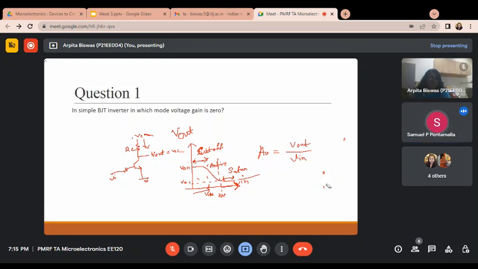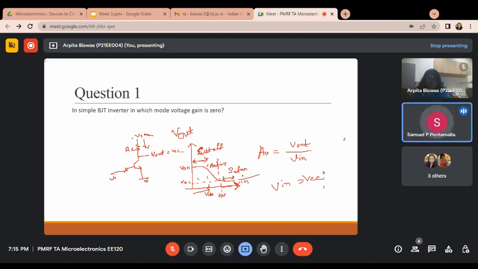Now simply understand what happens in the saturation mode. When you are giving a very high input, it means V input equals VCC. What happens in that case? High current flows. So what about the V output?